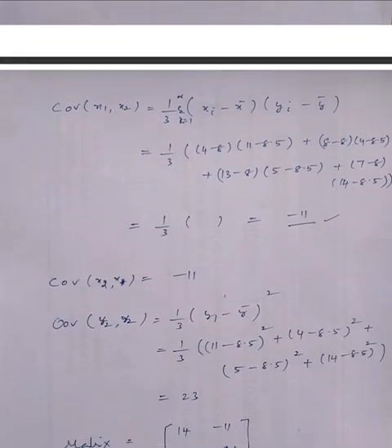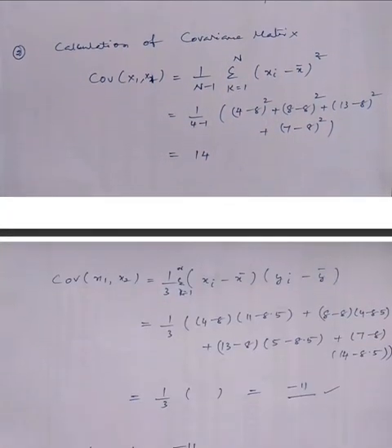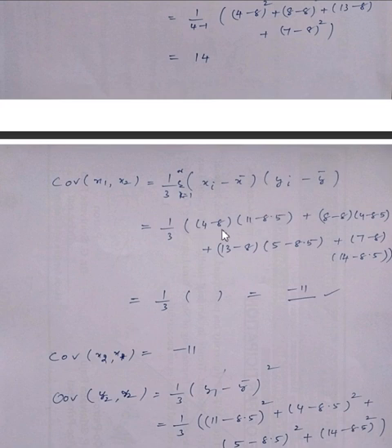Now the second covariance value is covariance of x1, x2. Here one more component is added, x and y; instead of y, we can understand this is the y value. So x1, x2: (4 minus 8) into (11 minus 8.5), since the mean of y is 8.5.